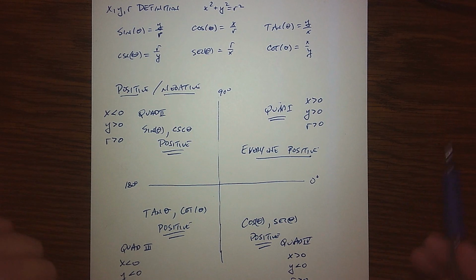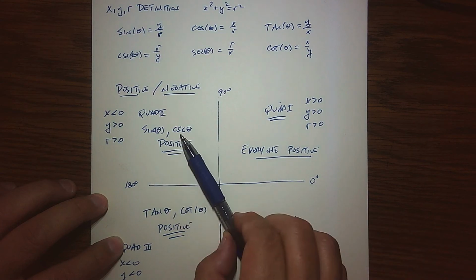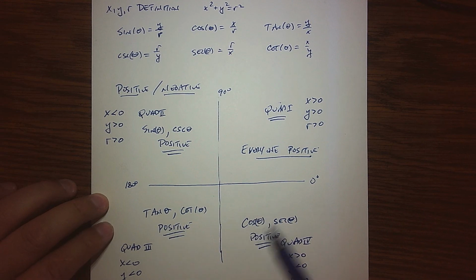You can always build that knowledge base back up in case you forget. Or again, everybody's positive in quad 1. Sine and cosecant are only positive in quad 2. Tangent and cotangent are the only ones positive in quad 3. And cosine and secant are only positive in quad number 4. And that might be a quick reference.